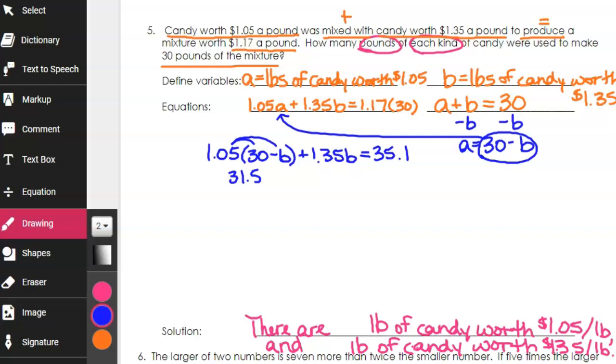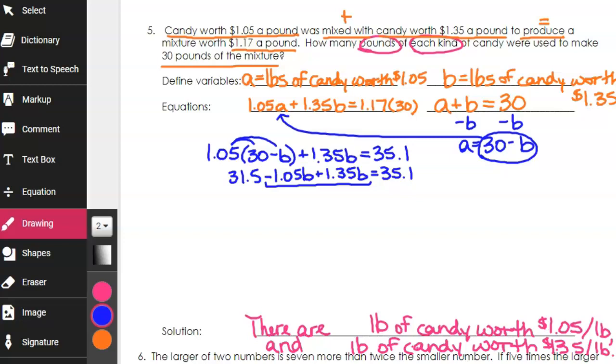Be careful because what I just wrote, 31.5, and what I wrote before, 35.1, are very similar looking, so don't confuse them. If I distribute the 1.05 to the minus b, I have minus 1.05b plus the 1.35b still equals 35.1. If I combine my like terms here, negative 1.05b plus 1.35b is kind of like 1.35 minus 1.05. So that's just 0.30.